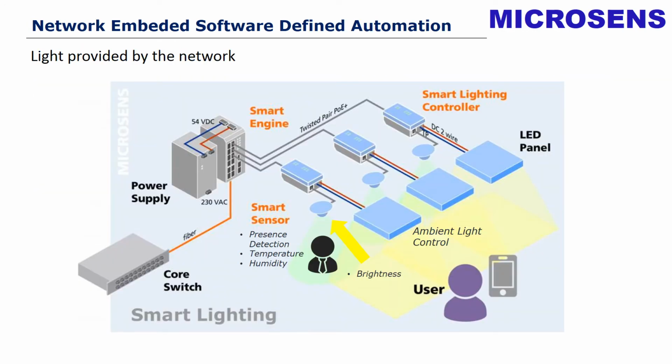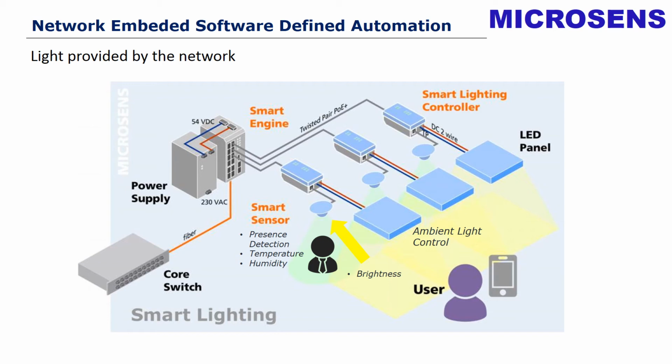So, how does it look? Here we have a sample for a smart lighting concept. You see we have a core network which is connected with the local smart engine. This is the PoE power supply, and we have our smart light controller, which is a sensor, and the LEDs.